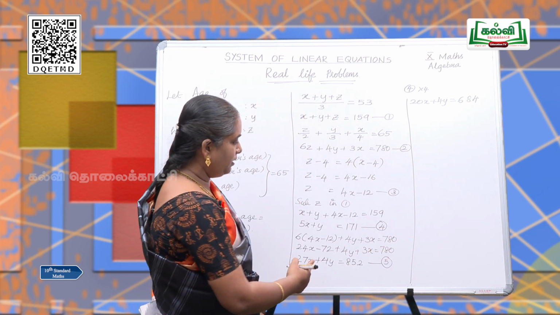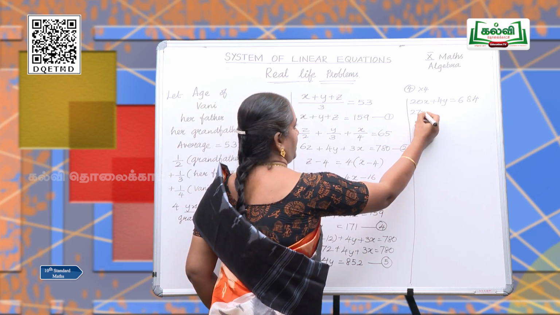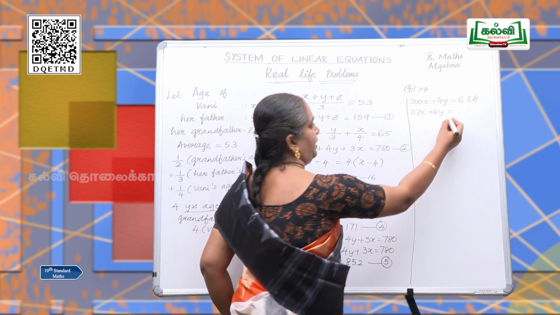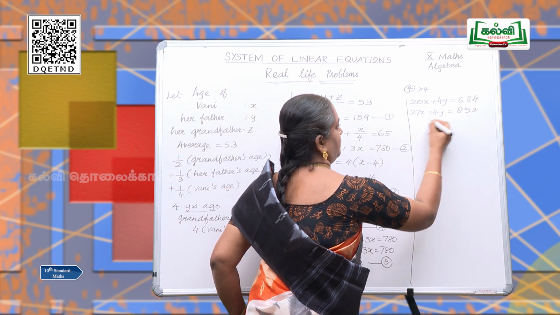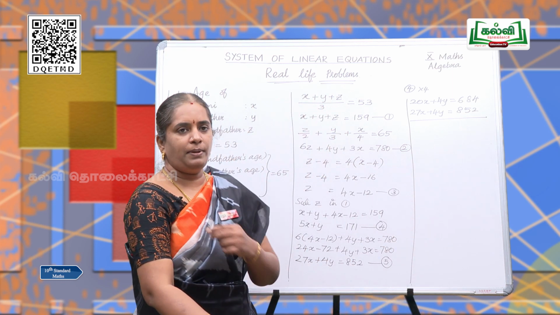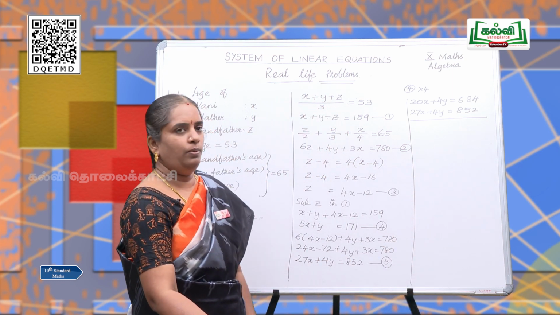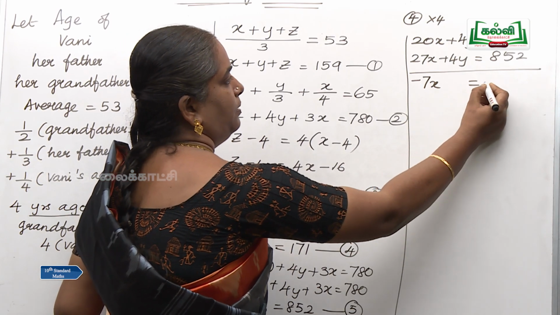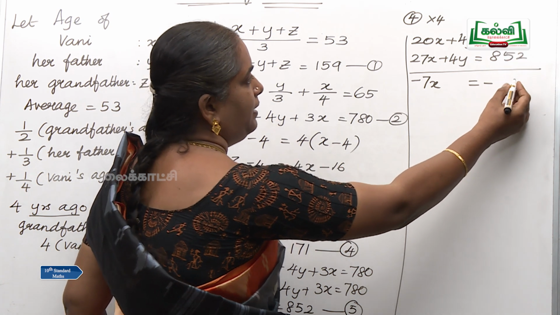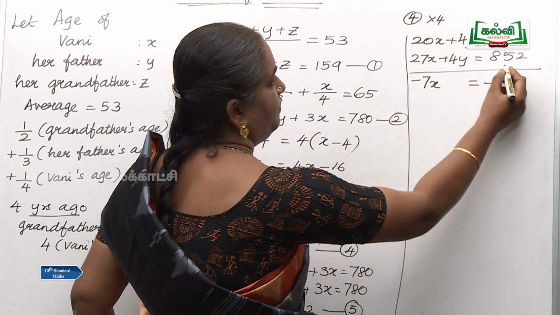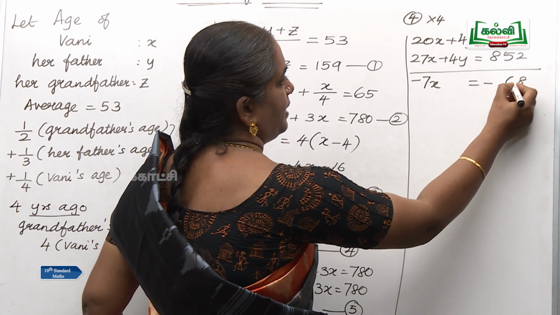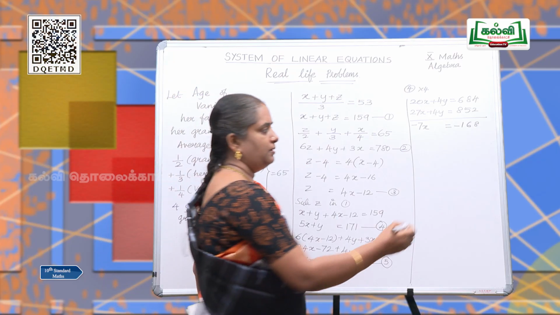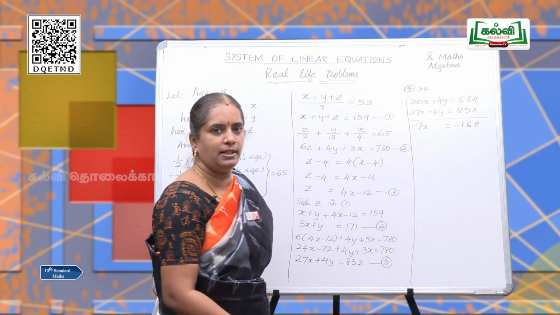Getting back to the fifth equation, 27x plus 4y is equal to 852. Subtracting, we may eliminate the y term. So, subtracting, we get minus 7x is equal to minus 168.